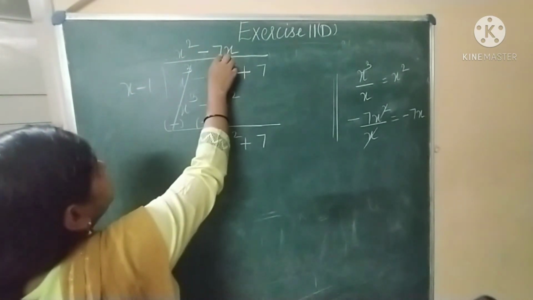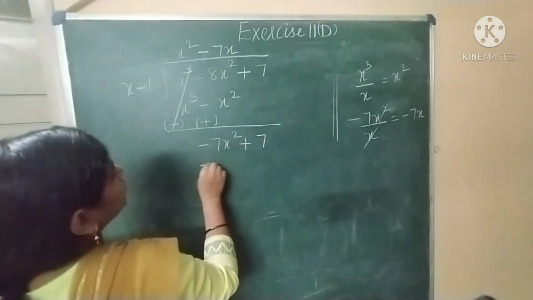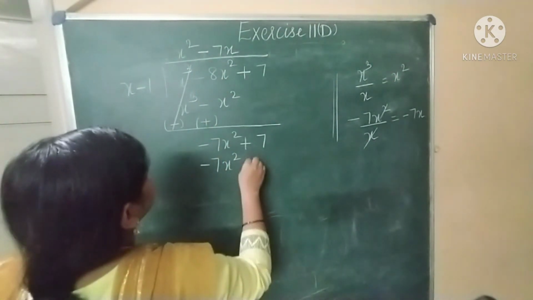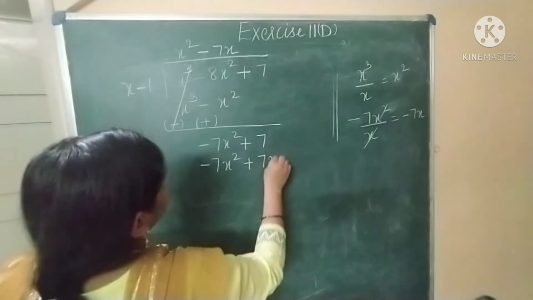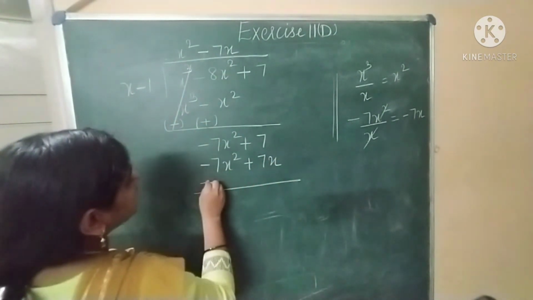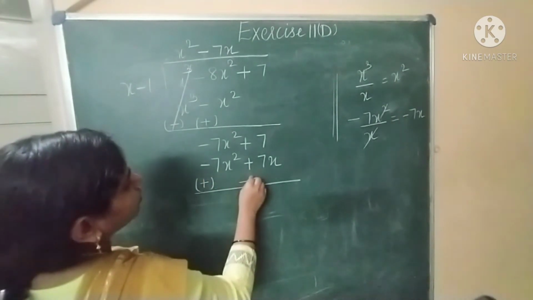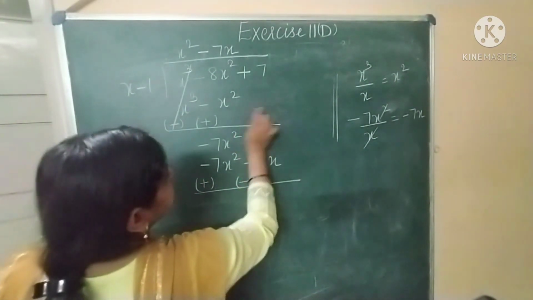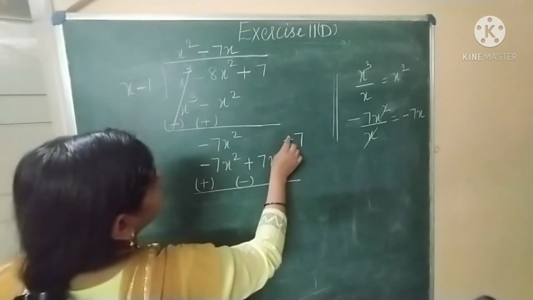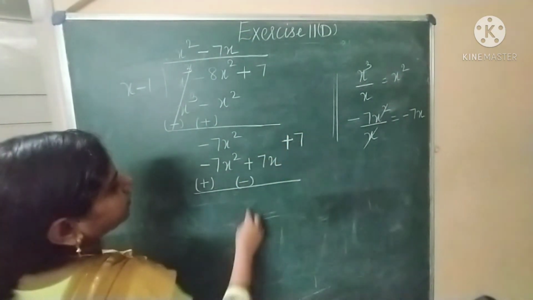So x into minus 7x gives you minus 7x square. Minus into minus gives you plus, 1 into 7x gives you 7x. Minus convert to plus, plus convert to minus. If you see, it is plus 7 here. There is no term here, so don't get confused.